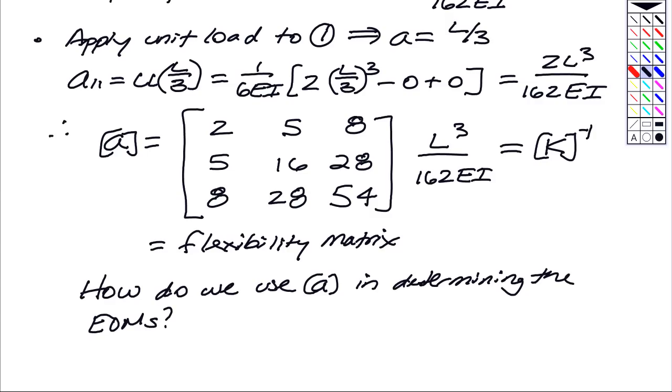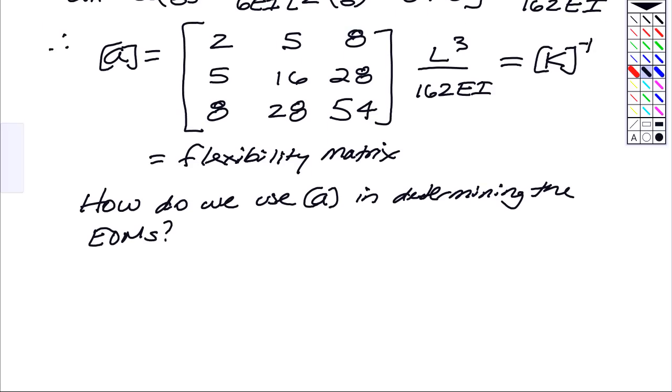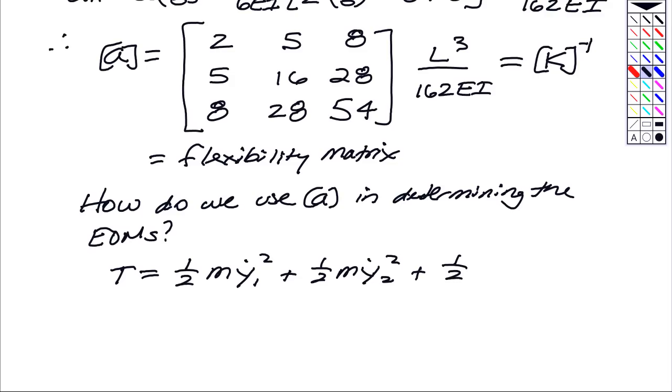Well, what I'm going to do is first write down the kinetic energy T. T is 1/2 m y dot squared for each one of the three masses, where the y's are the transverse displacements of those particles of mass on that beam.